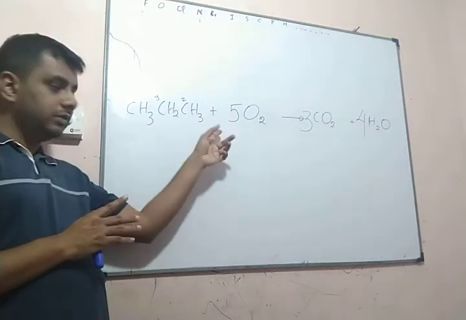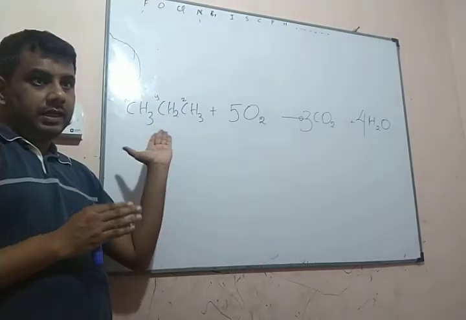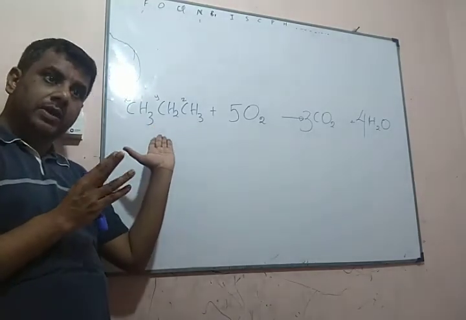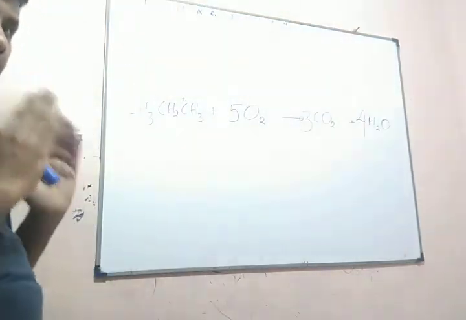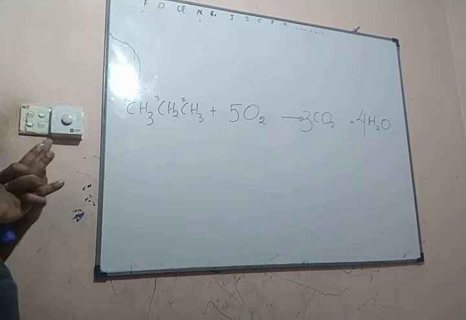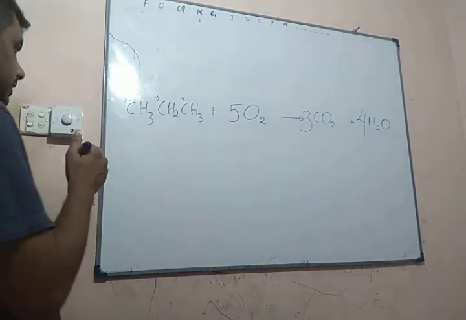So here, what's the oxidation state? +1. Why? It's not a binary compound and also there's no metal. So the oxidation state should be +1. Right? Hydrogen is +1. What about carbon? Oxidation state of carbon.